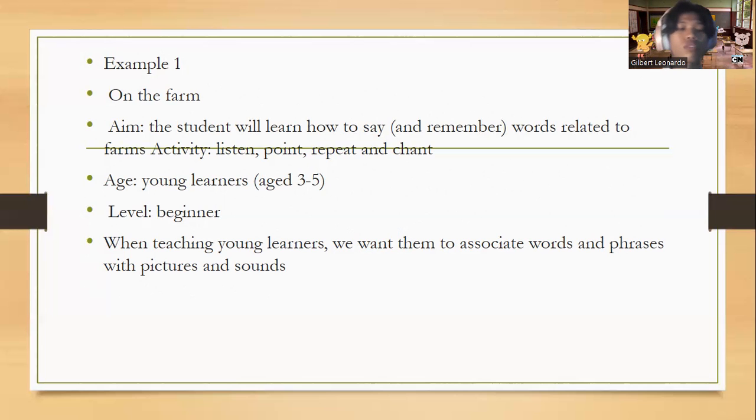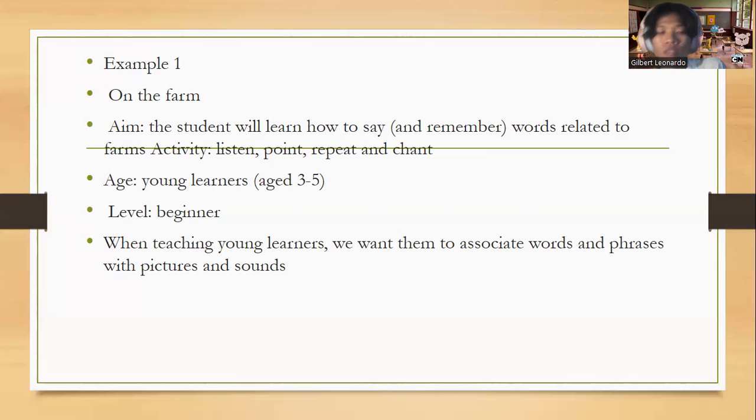So that the students not only learn how to say and remember, but develop the words, like "I'm on the farm with my brother," or "on the farm with chickens." The level to learn this is beginner, and the age is for young learners, ages 3 to 5.